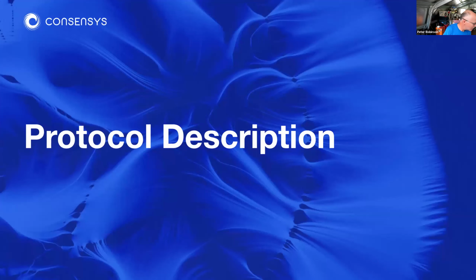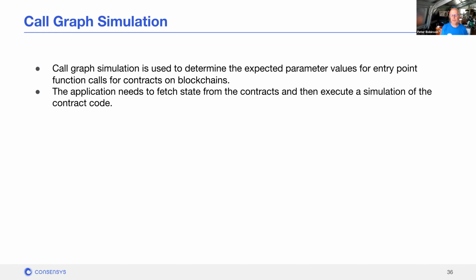Okay, let's talk about the protocol. The first thing that you need to do is you've got that call graph and you need to simulate the call graph that you expect to execute. You're trying to work out what are the parameter values for the entry point function calls for the contracts on blockchains.